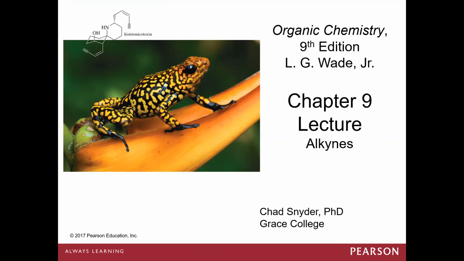In the opening photo here, there's a structure that contains two alkyne groups, two triple bonds. This is a toxin that occurs in the skin of this particular frog.